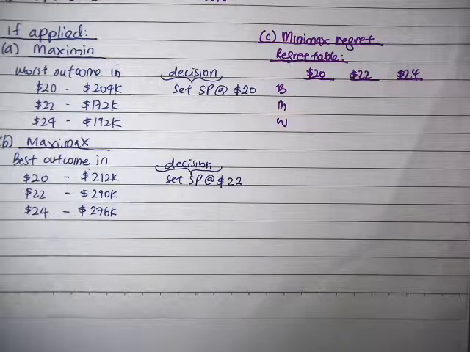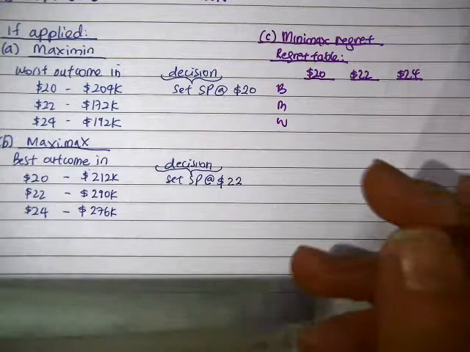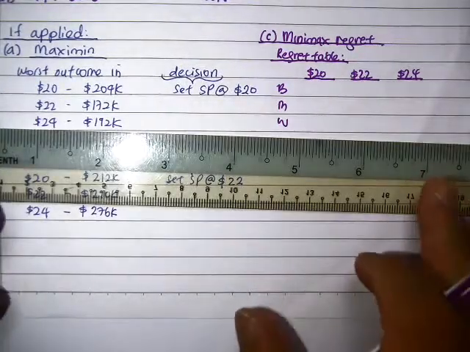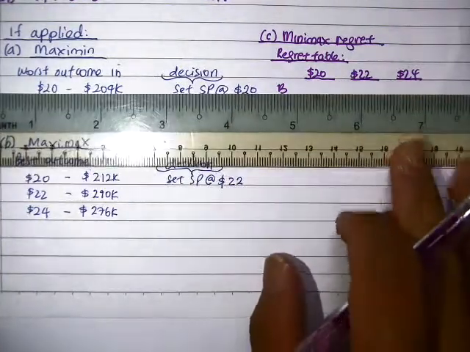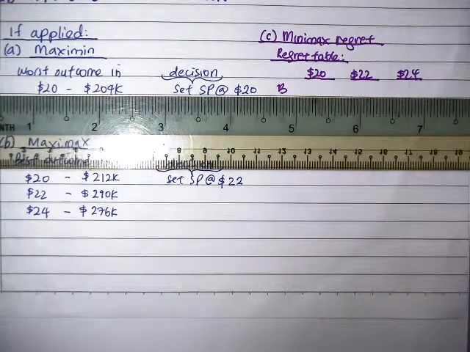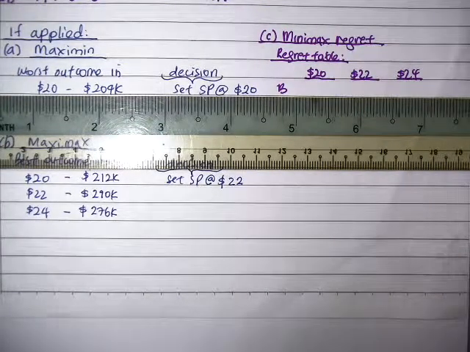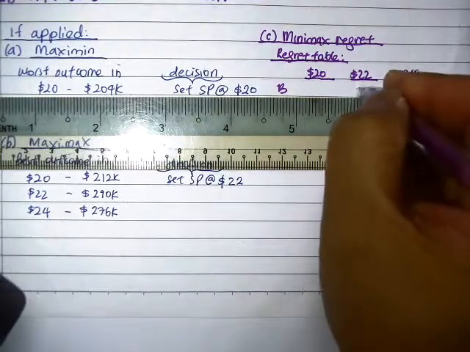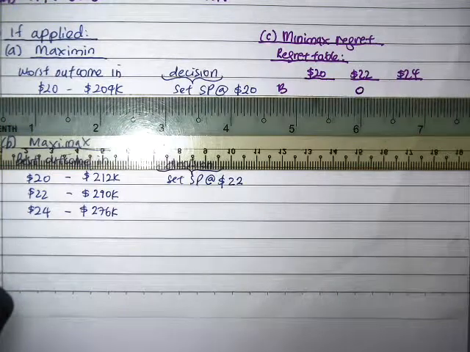Now when you calculate regret value, remember, you have to do it line after line. So first you start with assuming, let's say the first one, the best. Which one will you not regret if you set the selling price at 22? Correct, because 22 gives you the best one.